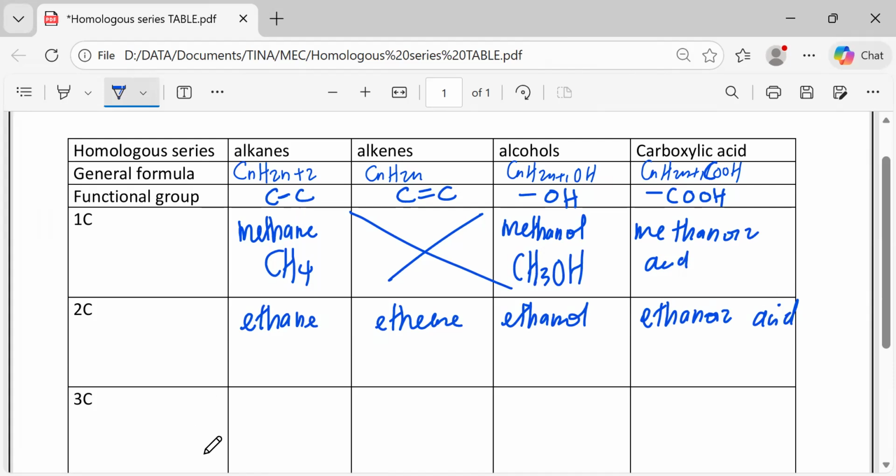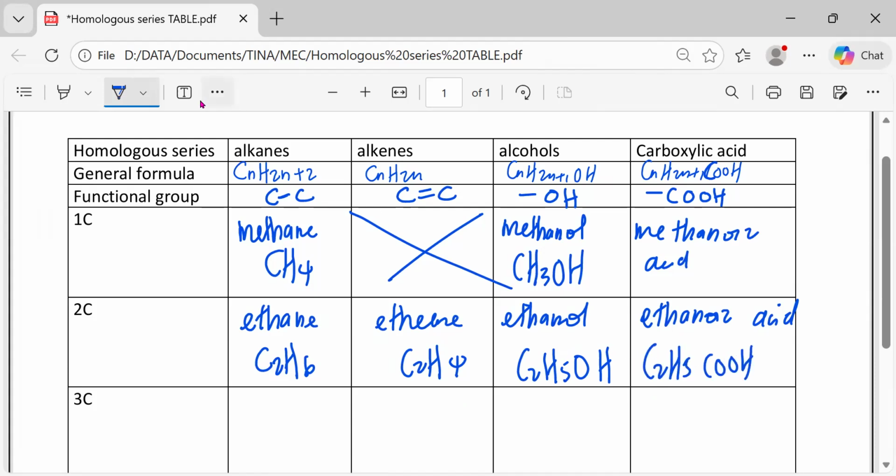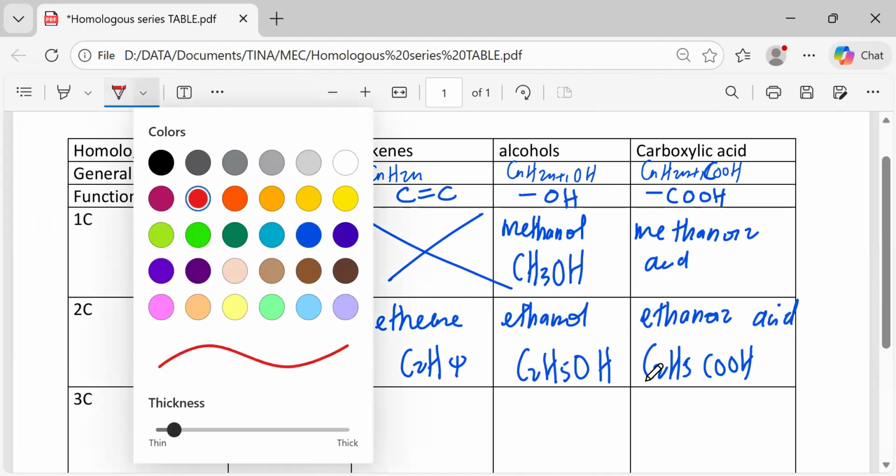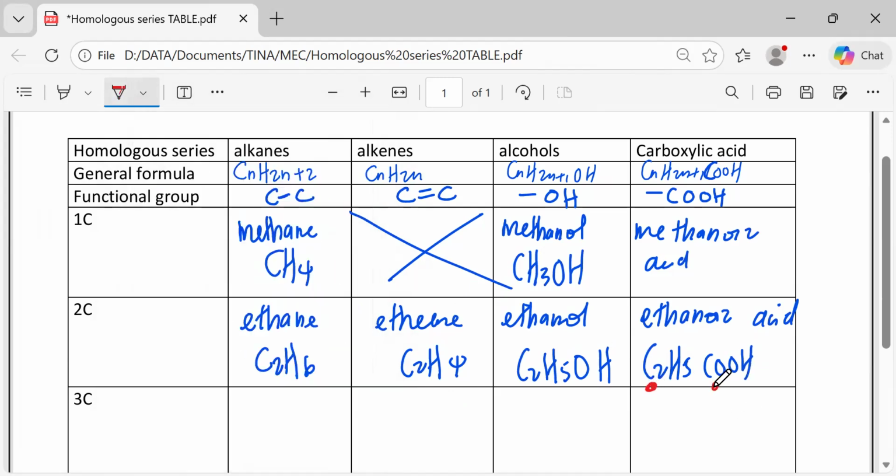Okay, got it? Here's the thing. Ethane is C2H6. Ethene is C2H4. Ethanol is C2H5OH. But ethanoic acid is not C2H5COOH, because if you write that, you will find three carbons: one, two, three.